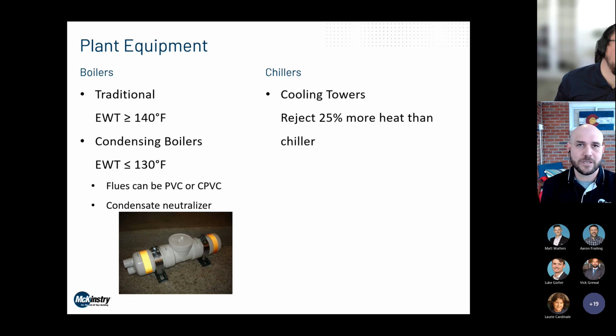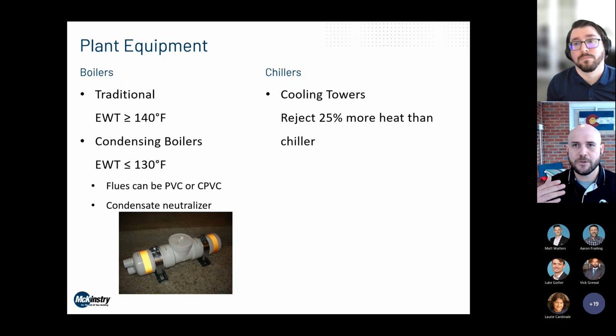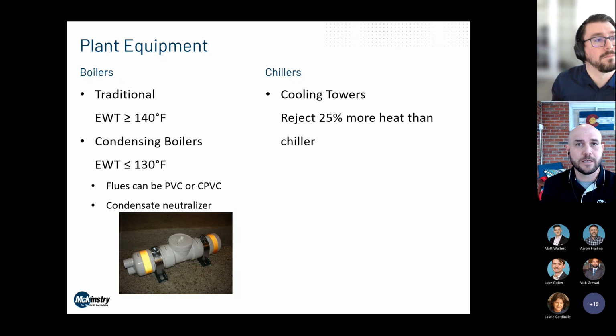That's the heat of the compressor largely, and that's just something to keep in mind. That's why on an equipment schedule you often see either larger delta T's or higher flows on the condenser water side than you do on the chilled water side.